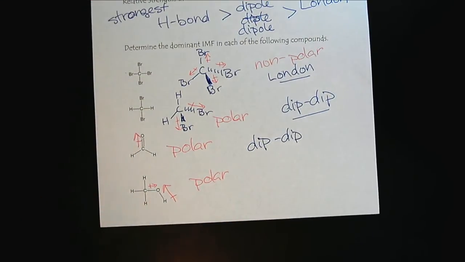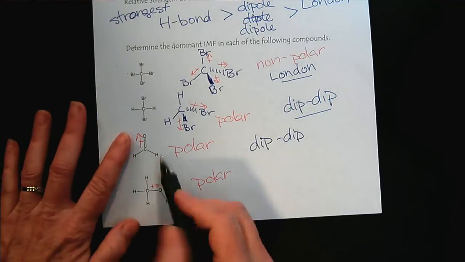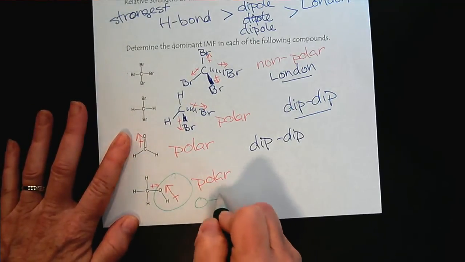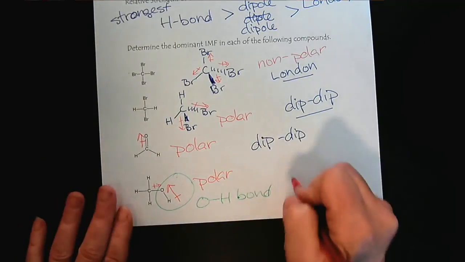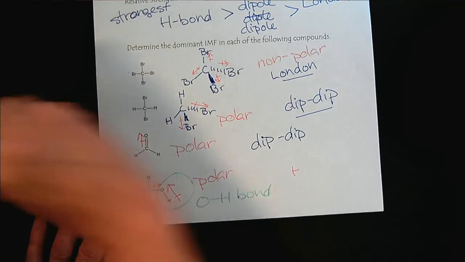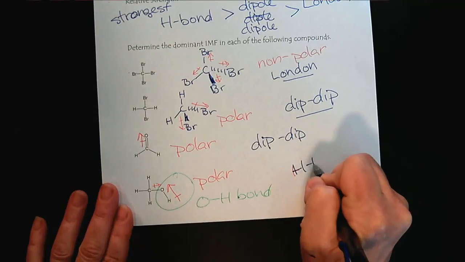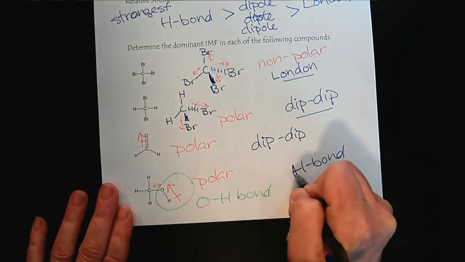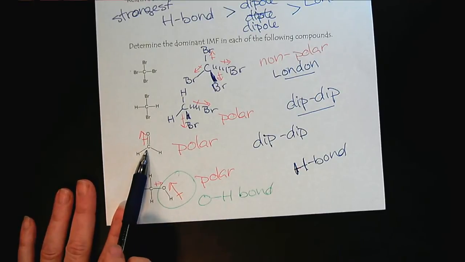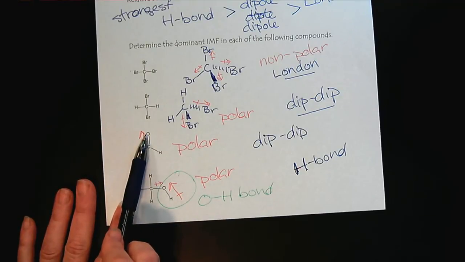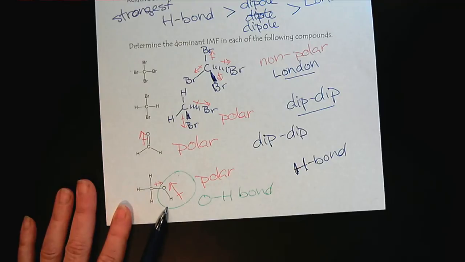As soon as it's polar, we see we have our OH bond, which lets us know that the dominant intermolecular force here would be H bonding. So it's important to make the distinction between example 3, where oxygen is present, versus oxygen being bonded to hydrogen in this last example.